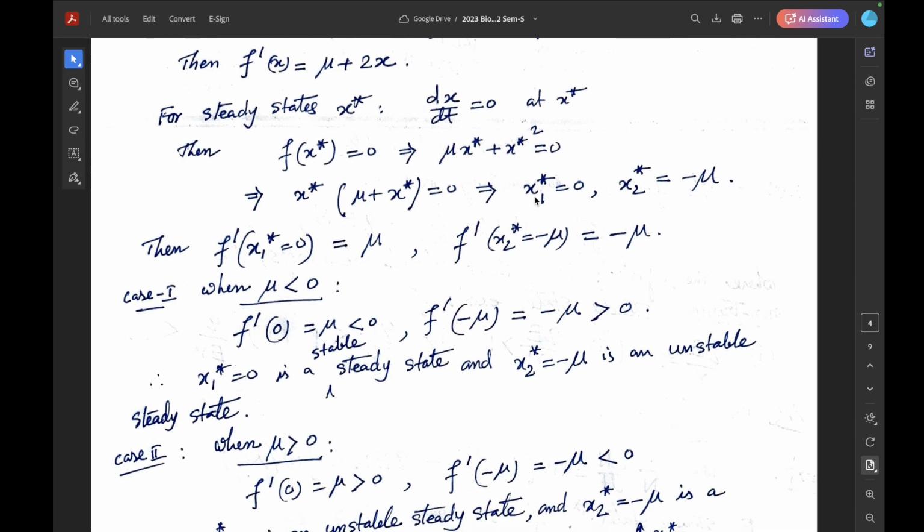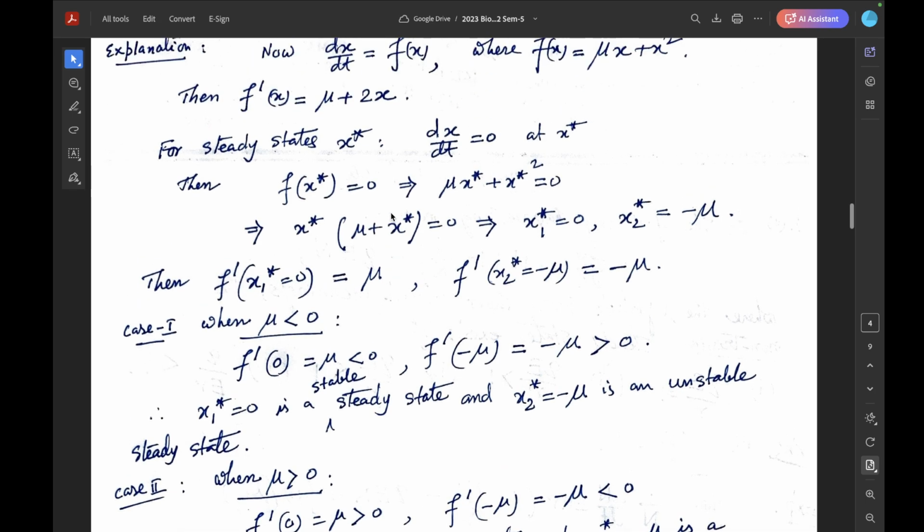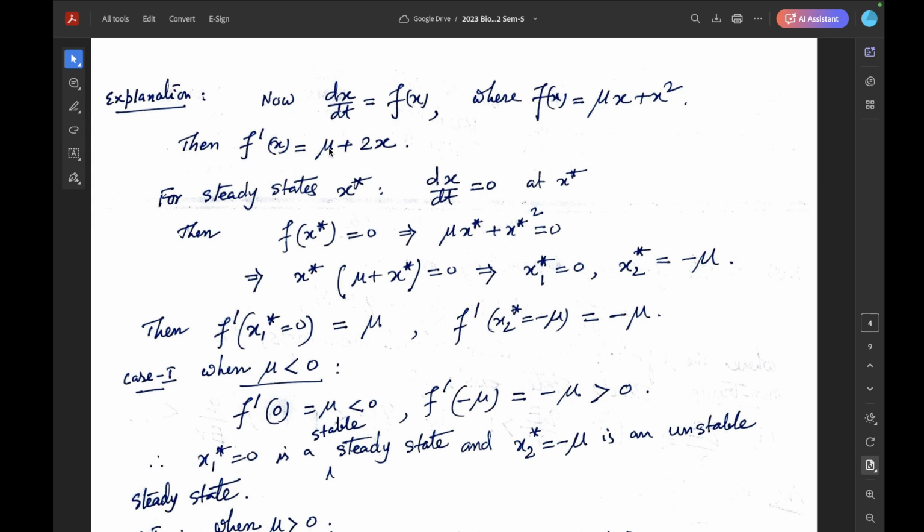So we get x1 star equals 0, x2 star equals minus mu. Then f dash 0 equals mu, and f dash at minus mu equals mu minus 2 mu, which is minus mu.